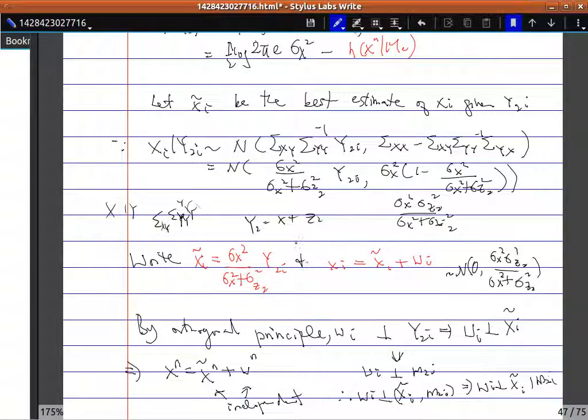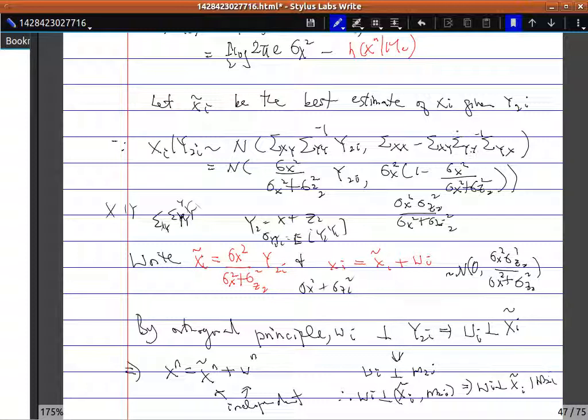So therefore, the expectation of y2 squared, that's basically sigma y, maybe I should say sigma y2, but I omit that because it's kind of ugly, is just sigma x squared plus sigma c2 squared, right?